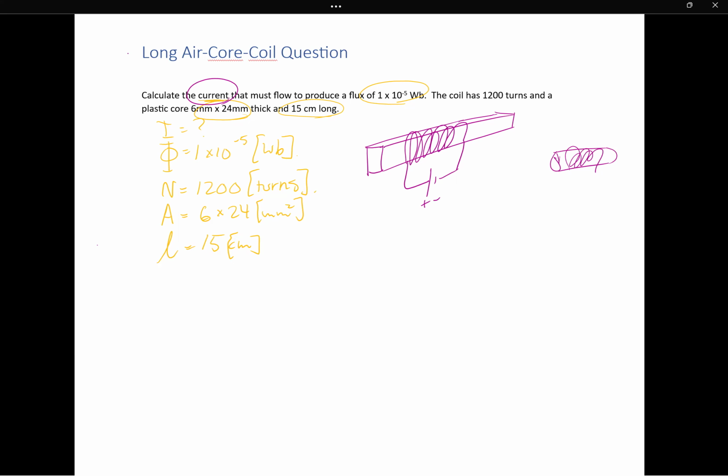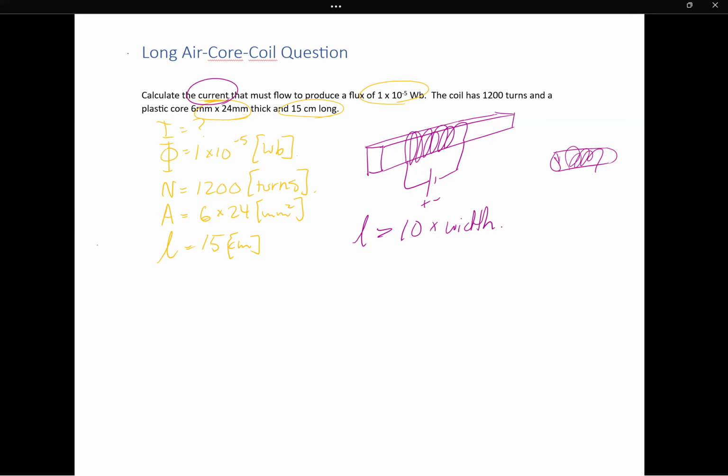We know this is a situation where the length is greater than 10 times the critical length or the diameter. I'll just say width, so it's not a diameter in this case because it's a length times width.